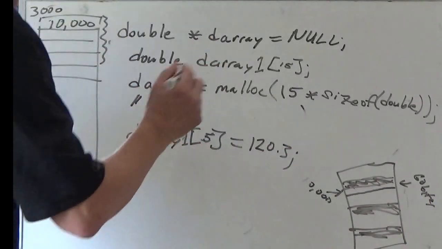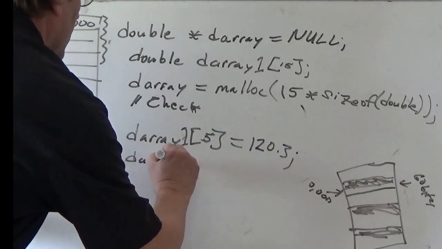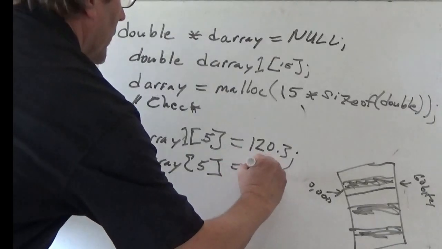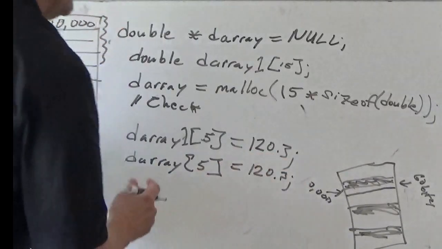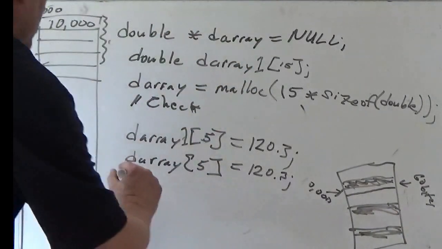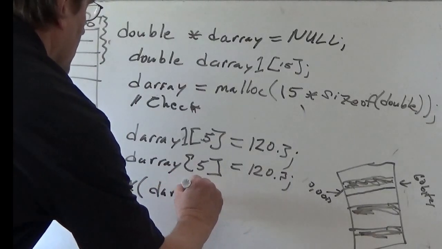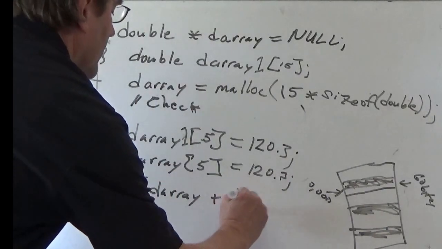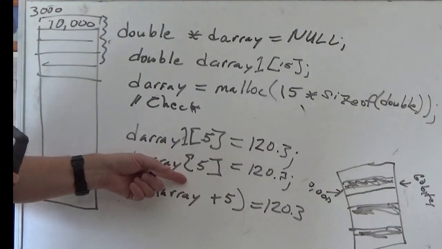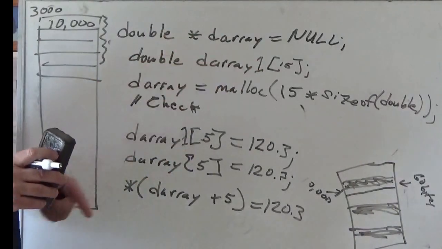So D array 5 is equal to 120.3 works the exact same way. This can also be thought of as star of D array plus 5 equals 120.3. It's just that this notation is a little more convenient. So what does this actually mean?